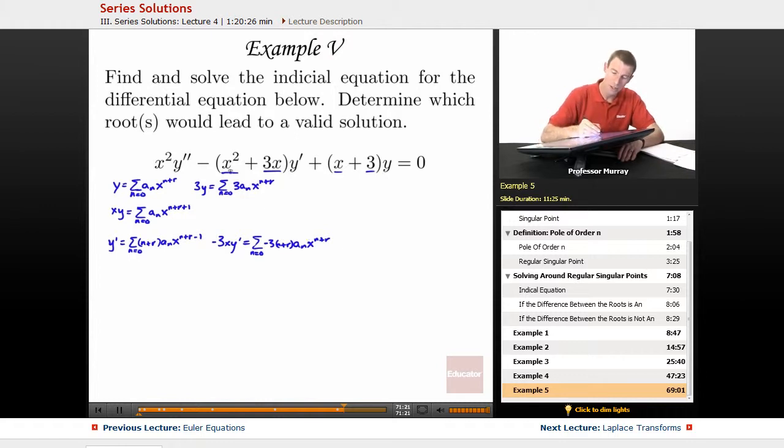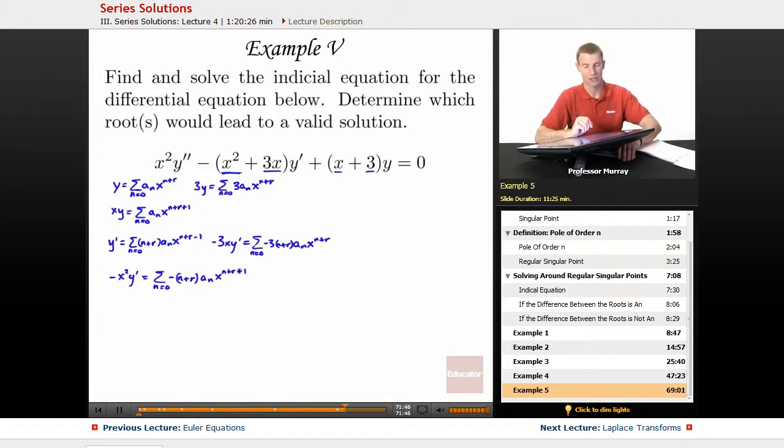And I'll also have to deal with a negative x squared y prime. So negative x squared y prime would be the sum from n equals 0 of negative n plus r an. Now the x squared is going to bump it up from x to the n plus r minus 1 to x to the n plus r plus 1. So that's our negative x squared y prime.